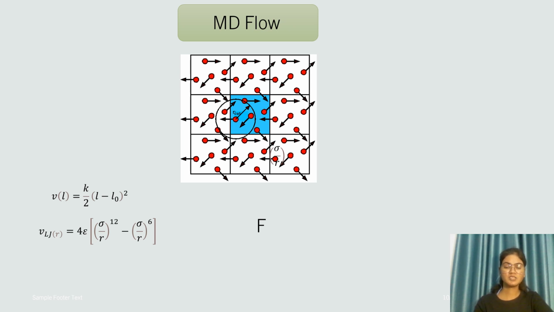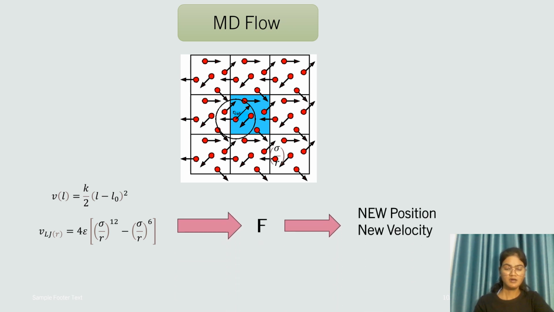This is done based on the interaction potential between particles. After that, calculate the new position and velocity of each particle based on the force acting on it, and adjust properties and other parameters.